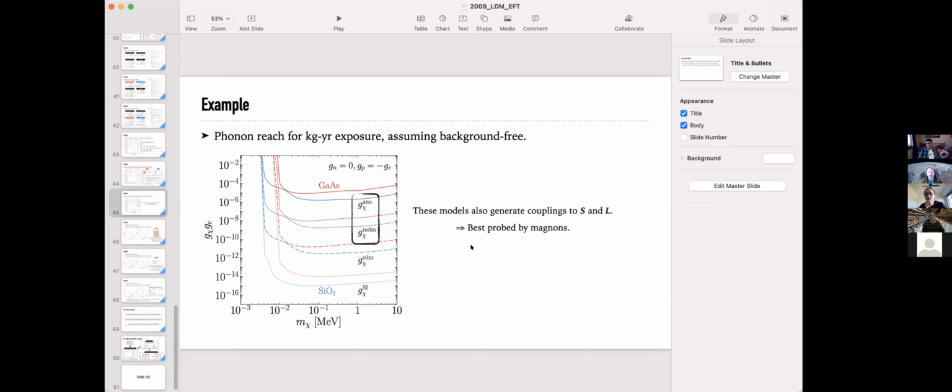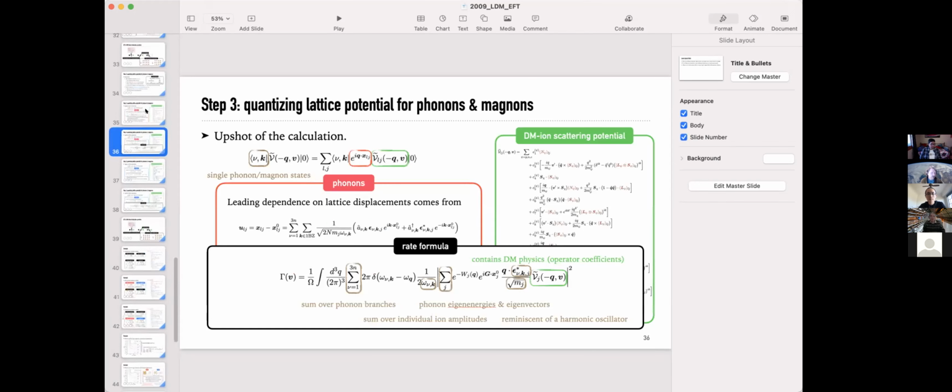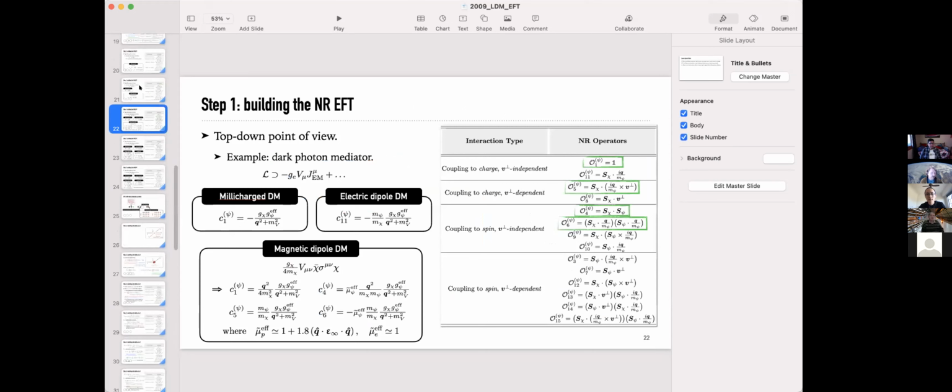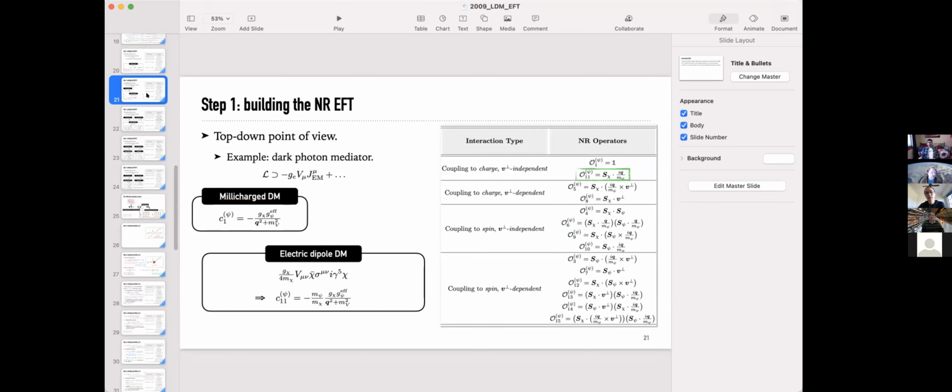Oh, maybe I can ask a quick question. In your categorization of all the independent operators, it seems that you're working in momentum space. Is it easier to work in position space? Why do people tend to work in momentum space, with the operator written in terms of momentum instead of position?